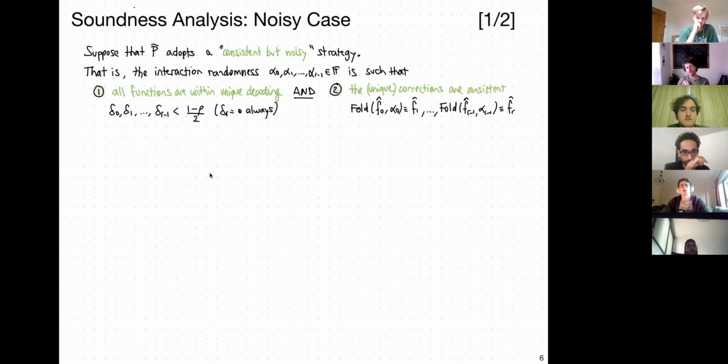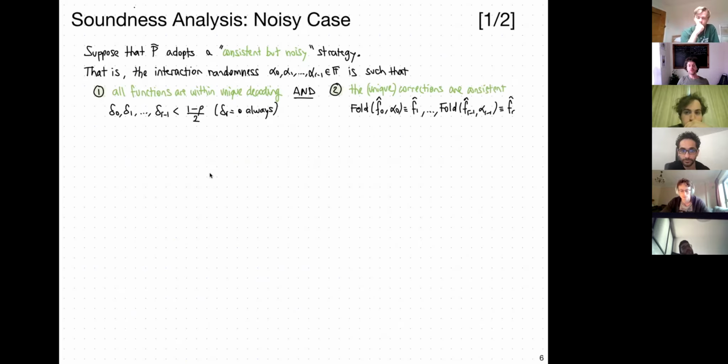And the second part: the moment that all of the functions are within unique decoding, then we have these correction polynomials, these f hats. So we can look at all of the functions the prover sent and look at all of their corrections. These corrections are actually foldings of each other, right? So this is a prover which tries to cheat by adding noise.